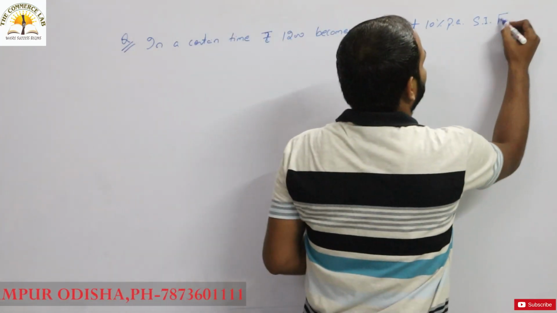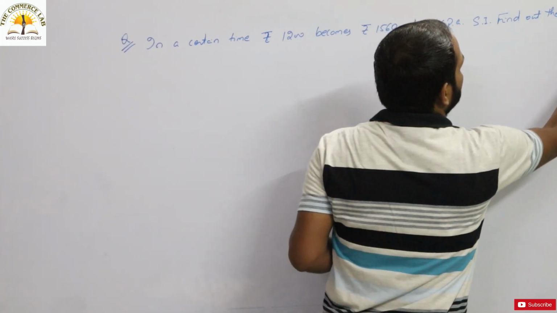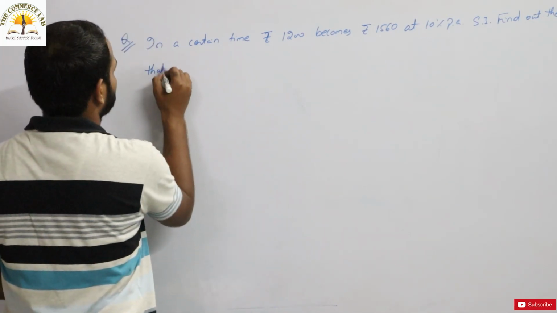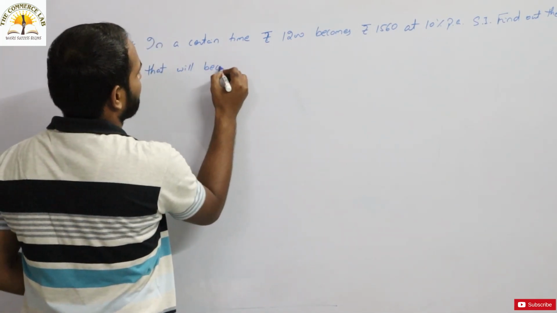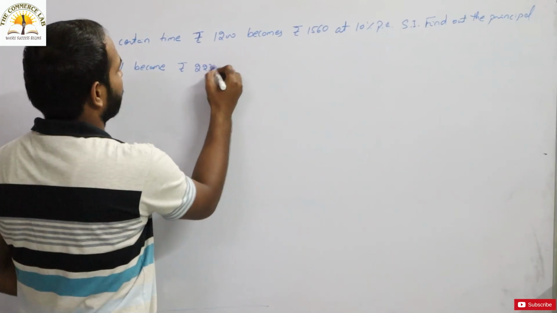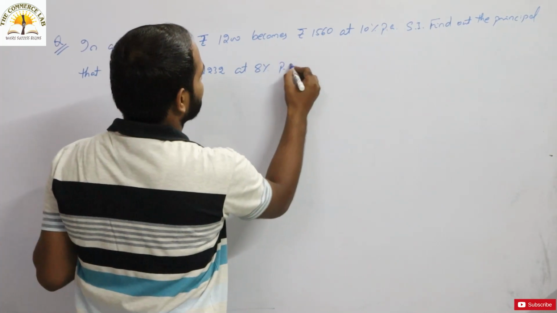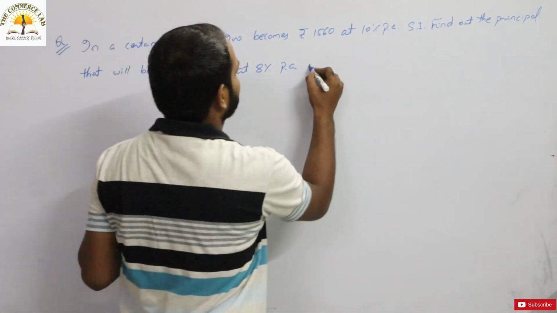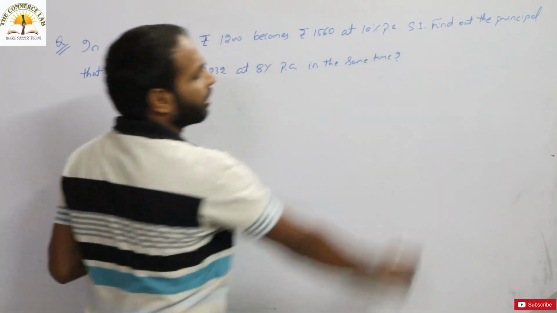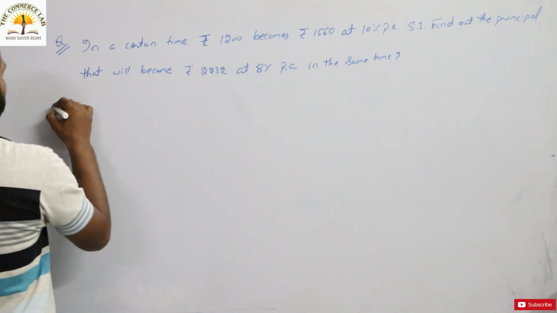Then find out the principal that will become ₹2232 at 8% per annum in the same time. In the same time. So let's see how to calculate this one.